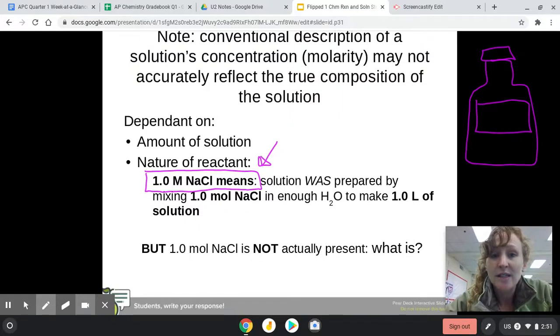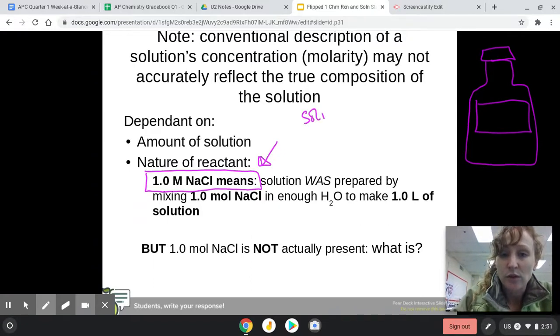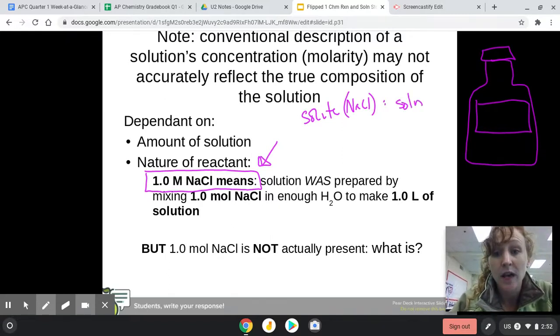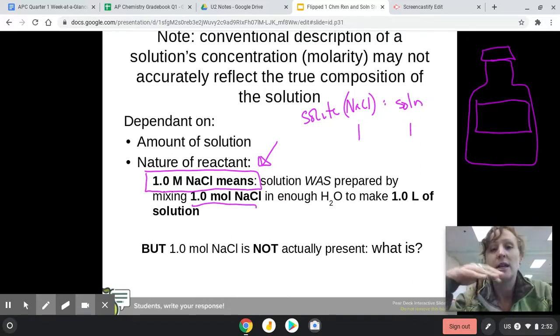Second of all, what this means is that when the solution inside the bottle was prepared, the ratio of solute, which is NaCl, by the way, to solution, so that is water plus NaCl, was 1:1, right? 1 mole of NaCl could have been put in the volume, and then water was added until the volume was 1 liter.